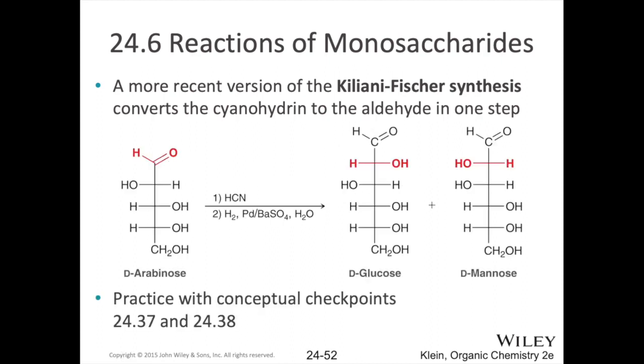Okay, so keep that combination of reagents in mind for the Kiliani-Fischer synthesis.